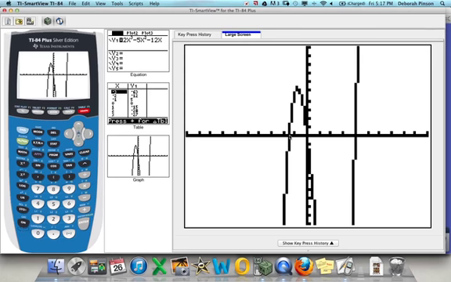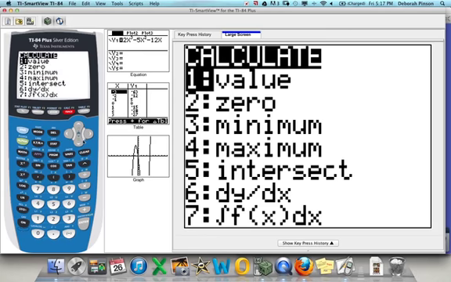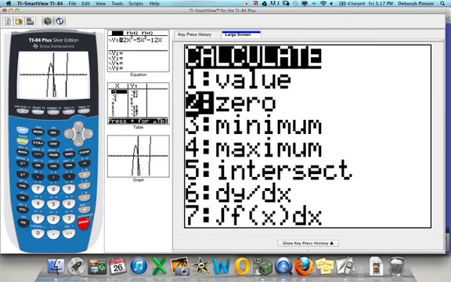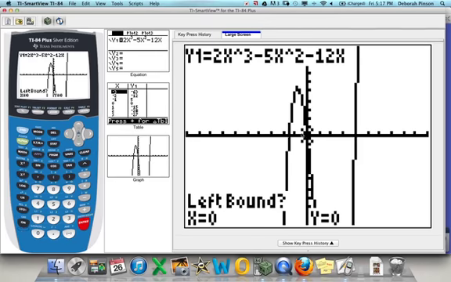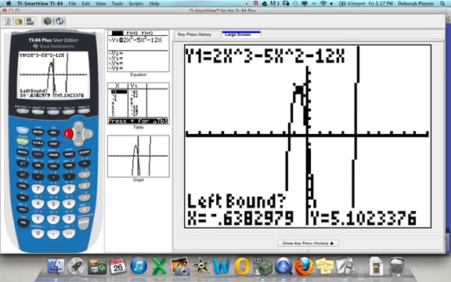Now to find it, I can use my calculator to do the left bound, right bound thing. I'm looking for the 0, so I'm going to choose number 2 here. I went to second calc. And then it's going to ask me for left bound and right bound. Now, if this is what I'm looking for, I want to give it a point on the left-hand side, which would be down there. So let me scroll my cursor to where it's down below.